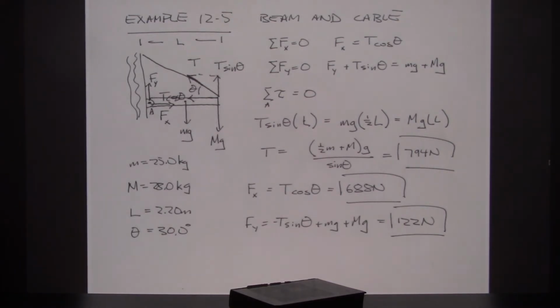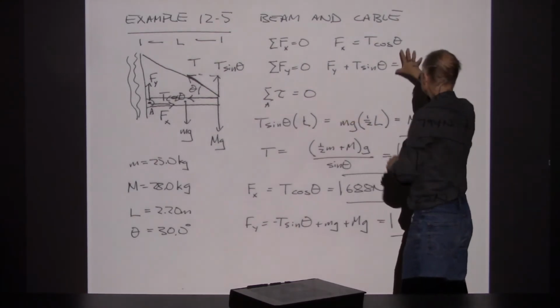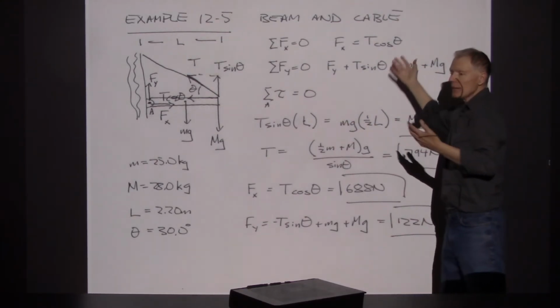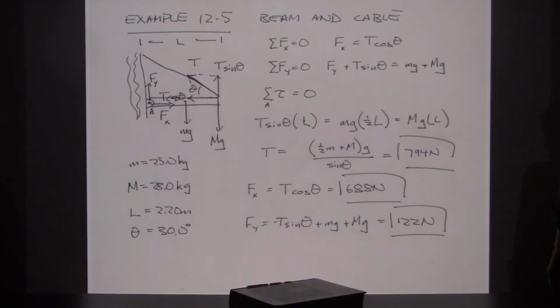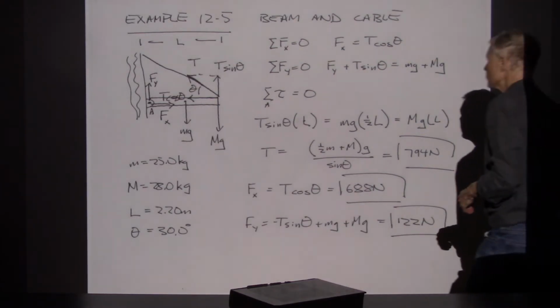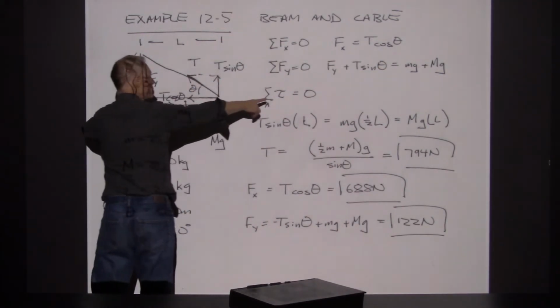But what I can do is start using torques, and at some point I can come back and use these as a check, just to make sure that my answers make sense. Okay, so I'm going to start with point A to measure my torques.